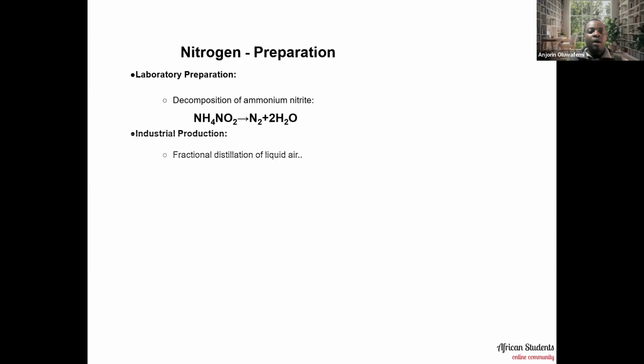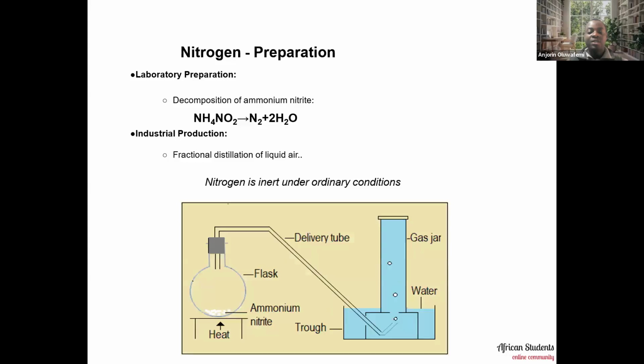Industrially, nitrogen is produced by fractional distillation of liquid air. Nitrogen is inert under ordinary conditions. It is not reactive under ordinary conditions.